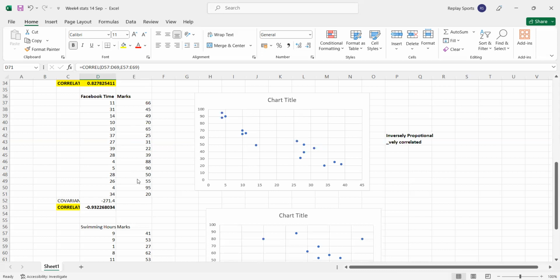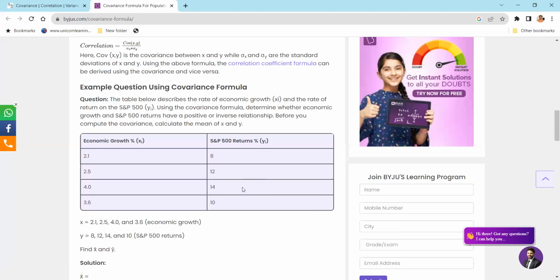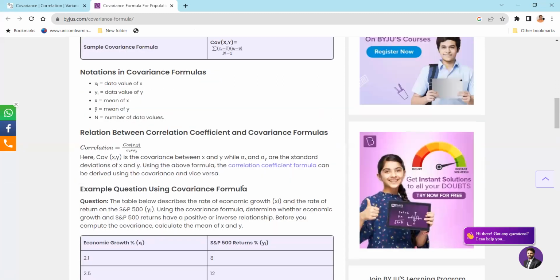Now if you move back to our notes, covariance will tell you the relationship, but that is not enough, so we go for correlation. See, covariance is similar to variance, just that instead of the square, you are multiplying with y.